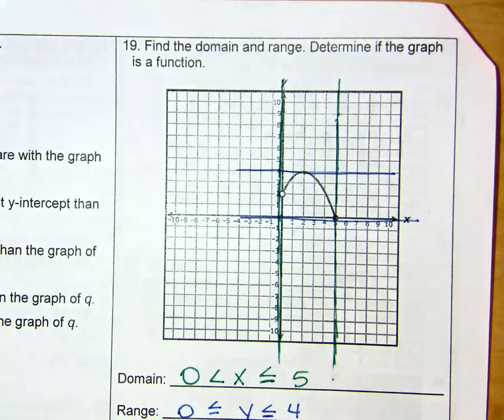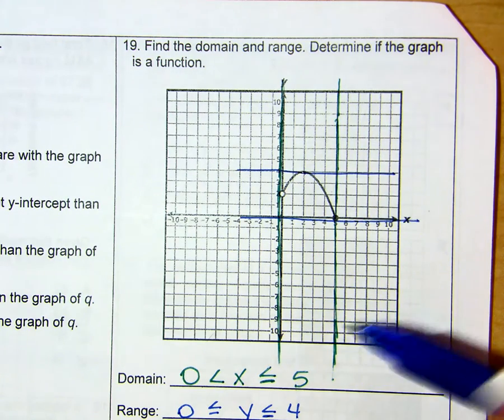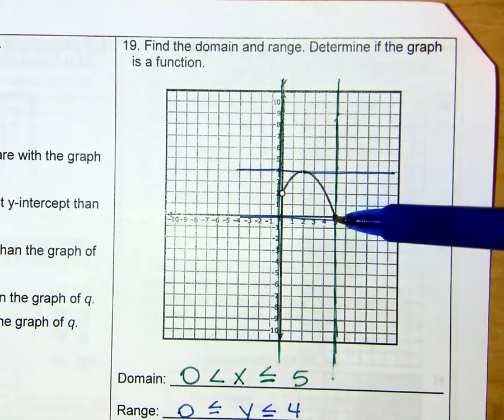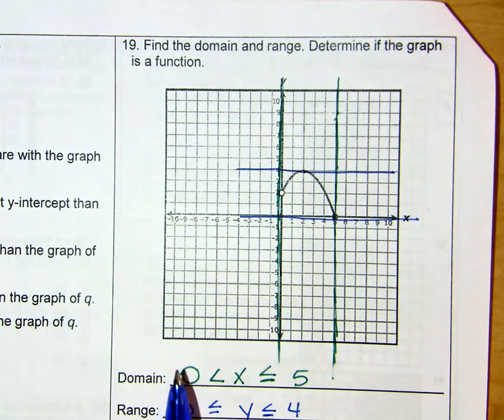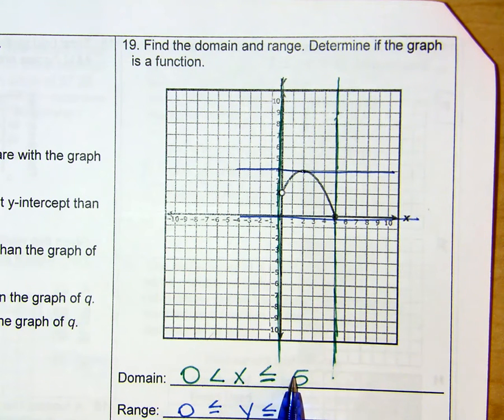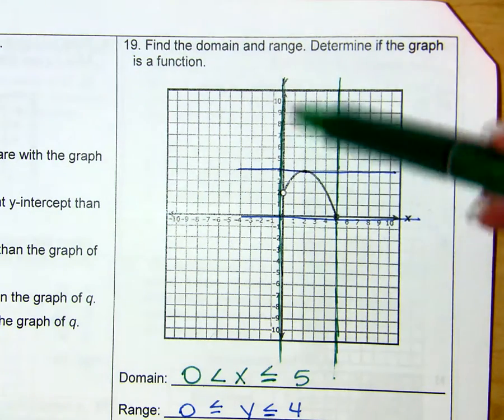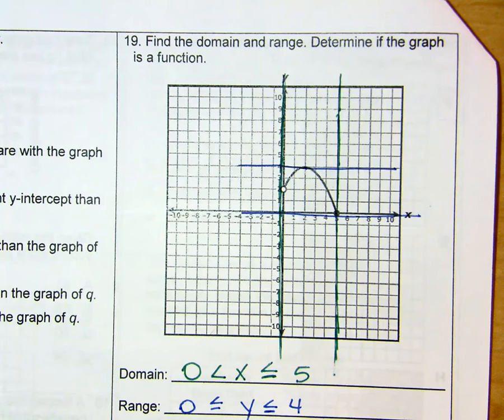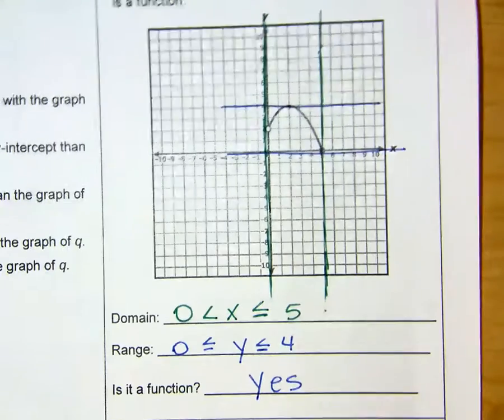We don't have any open circles there, so it is equal to it. So our range is from 0 to 4. It goes from a floor of 0 to a ceiling of +4. Our domain goes from left of 0 to right of 5. So is this a function? Yes, it is. There is no vertical line that will hit this function twice, so yes, it is a function.